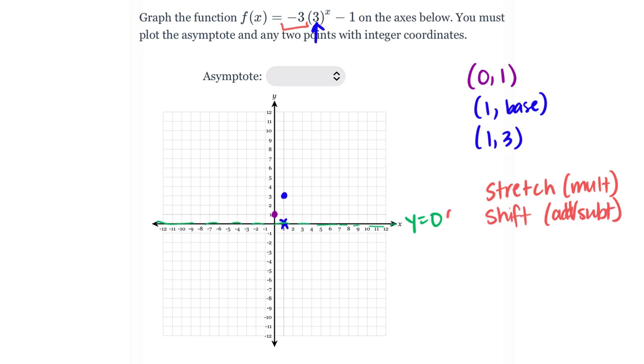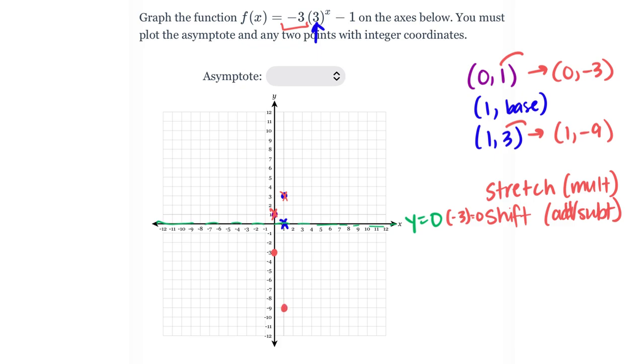If I multiply this by -3, it's still 0. So that's not moving. If I multiply this y value by -3, it would become 0, -3. So this point is going to move to here. And if I multiply this y value by -3, it will become 1, -9. So this point will move to here.